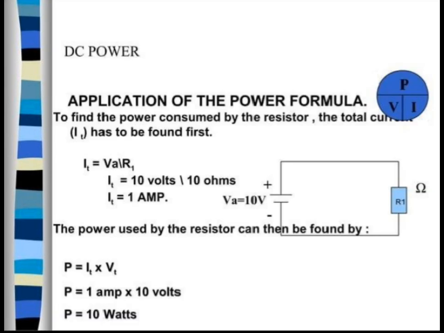Now, the application of the power formula. Example. The formula we will use is power is equal to current multiplied by voltage. To get the power consumed by the resistor, we first need to find the total current.